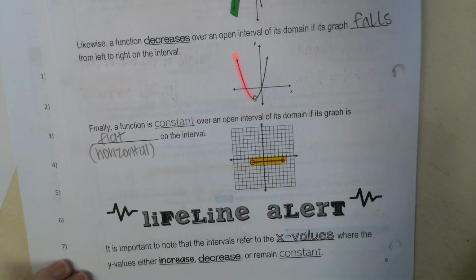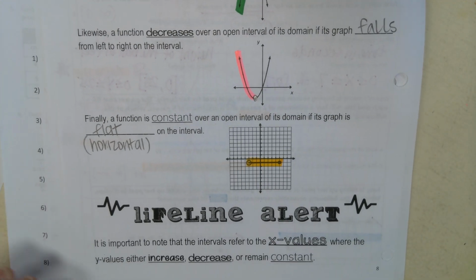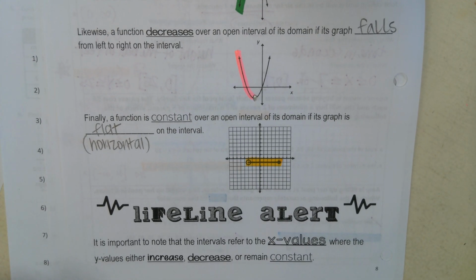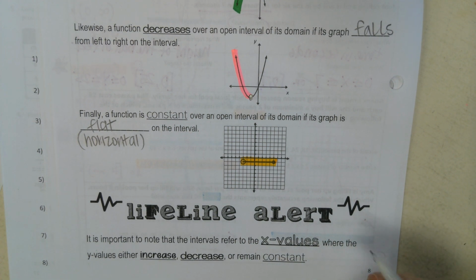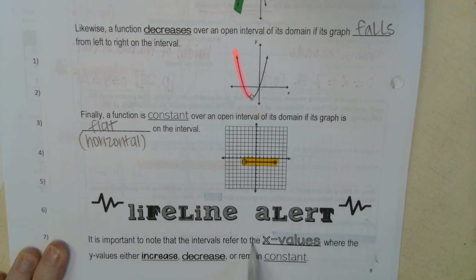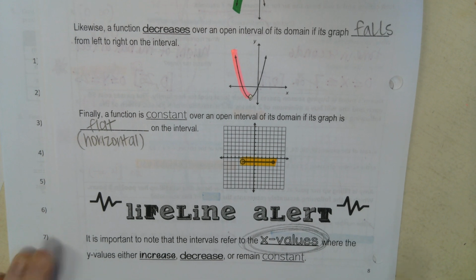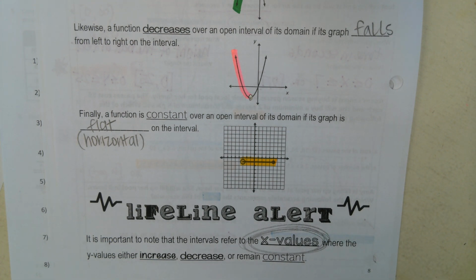Now, a lifeline alert. When we write these intervals, please understand that we are going to refer to the x values where it increases, decreases, or remains constant. We are looking at our y values.